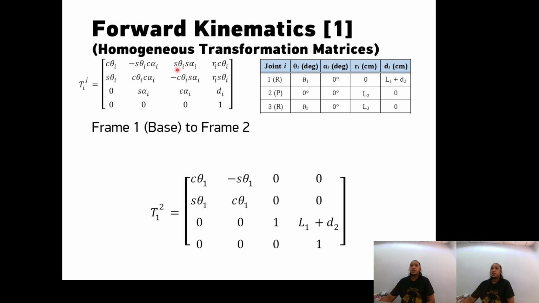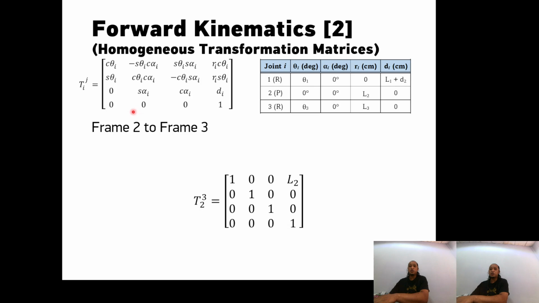For this one, sine theta 1 multiplied by sine alpha 1; sine 0 is 0, so sine theta 1 multiplied by 0 is going to be 0, and so on.